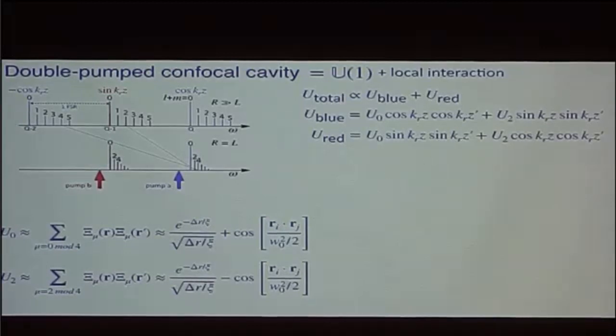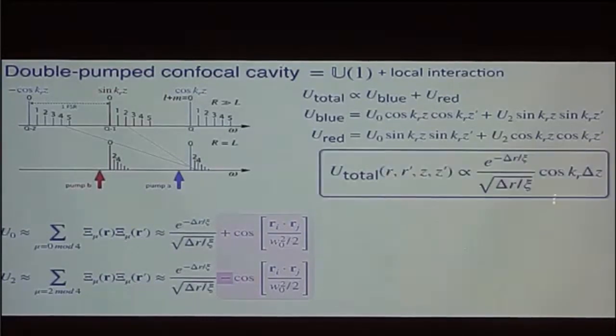You get everything kind of mixed up, but when you add everything together, rest assured that because of this minus sign here, this term cancels, and the total interaction you get is simply this local term here, okay?